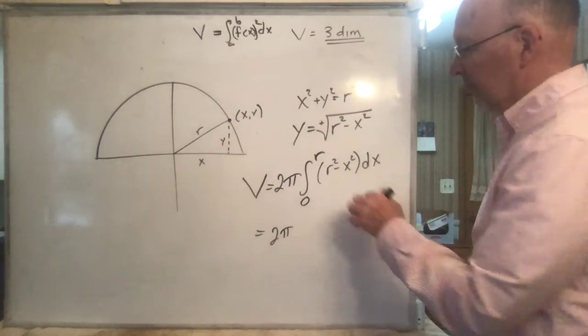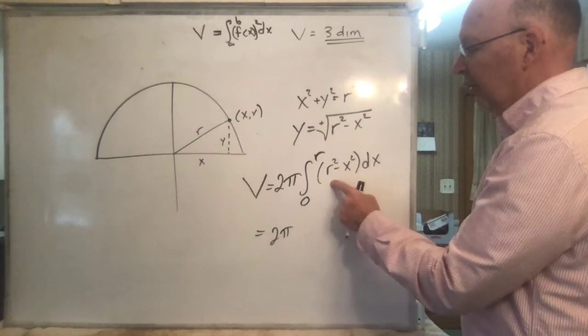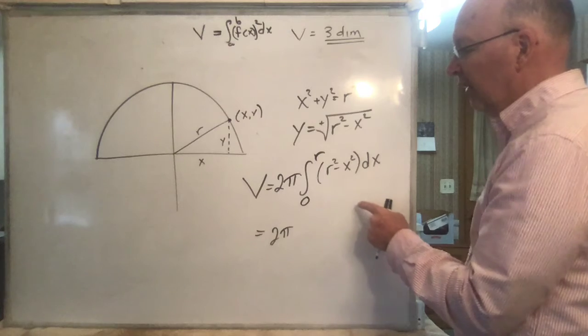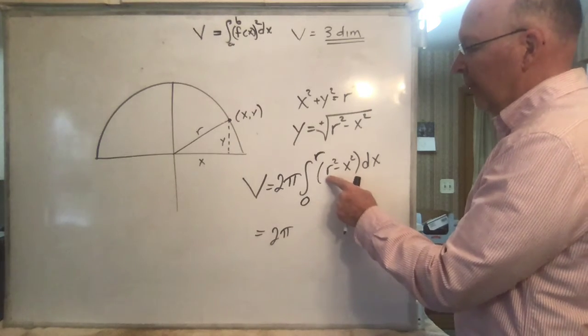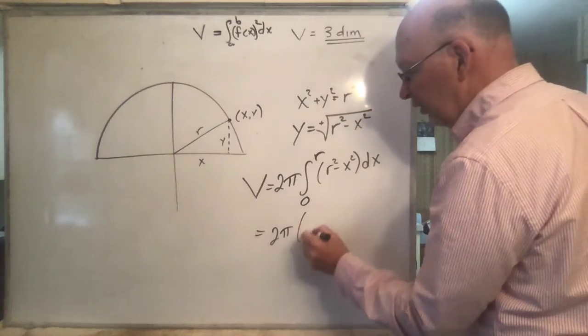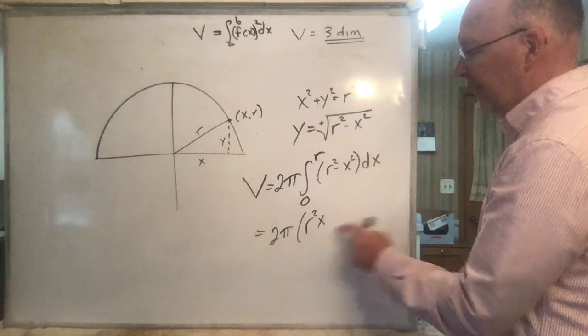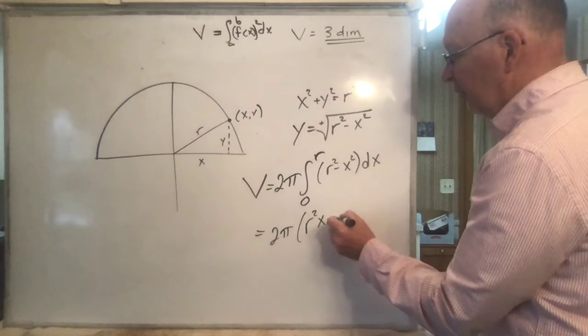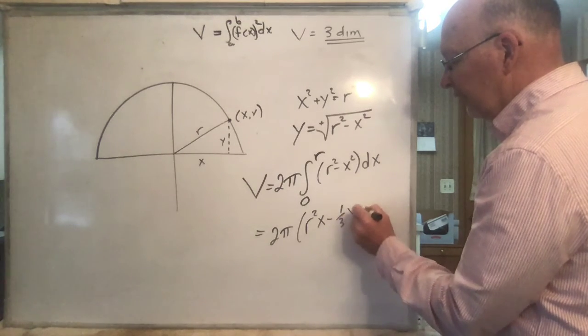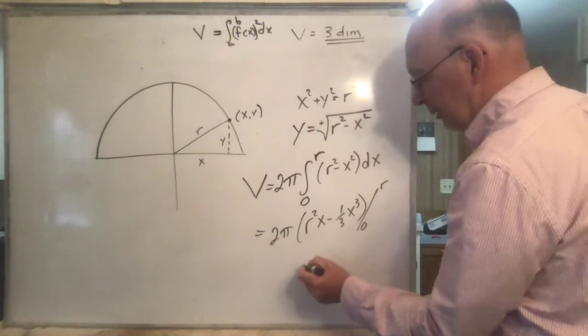I'm going to go through this stuff kind of fast, assuming that you know it. Or if you don't know it, you can turn this off and pause it and figure it out on your own. But the antiderivative of r squared, r is a constant, so it's just going to be r squared times x. Just like if this were a 5 here, it would be 5x. Okay, this is going to be 1/3 x cubed, from 0 to r.